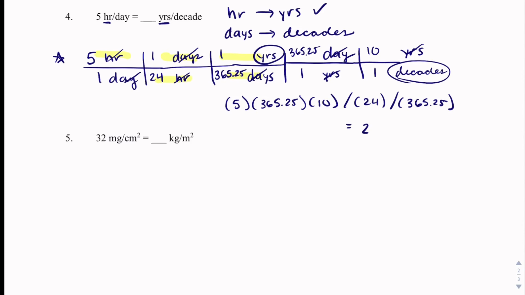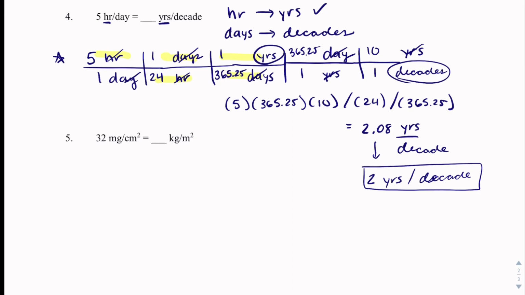We get 2.08 years every decade. So that will be rounding to 1 sig fig. This would be 2 years per every decade. So every 10 years, if you're on your phone 2 hours a day, you'd really spend 20% of your time on your phone, which seems like a lot.